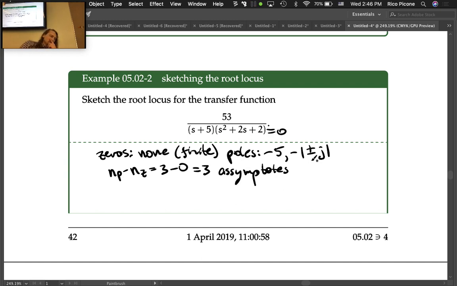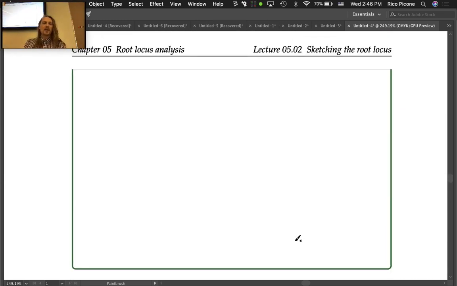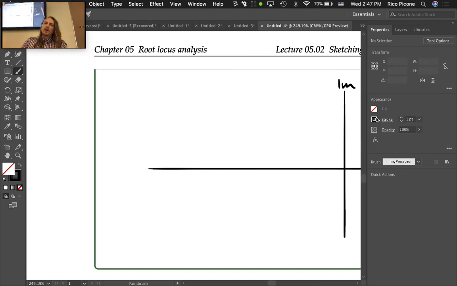Let's recognize that, and then we'll come back to this and compute the asymptotes. But let's start out with our plot. I like starting out with our real and imaginary axes, and we'll put in our open loop.